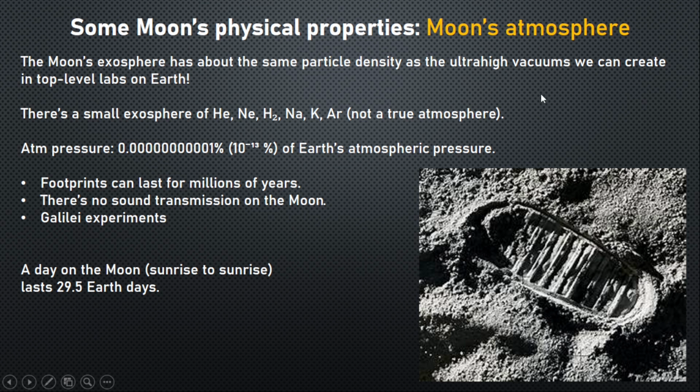But the consequence of the lack of atmosphere on the moon is, first of all, footprints can last for millions of years. Astronaut footprints, or even asteroid impacts that happened millions of years ago, are still visible because there's nothing wiping the surface off.